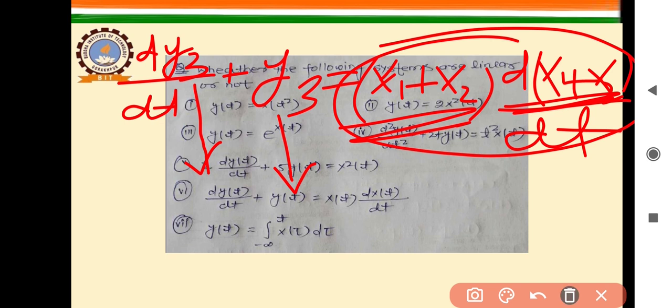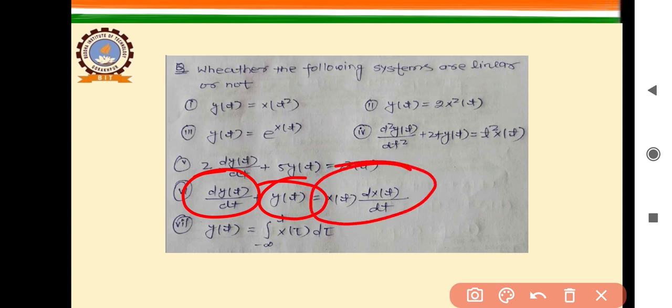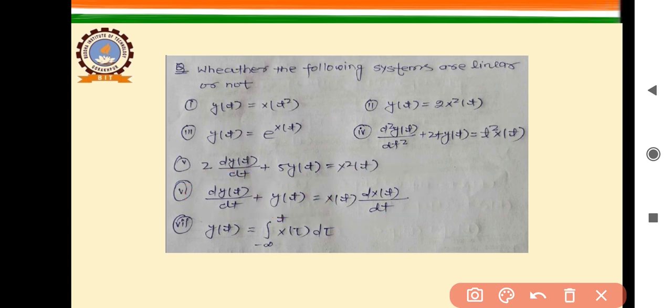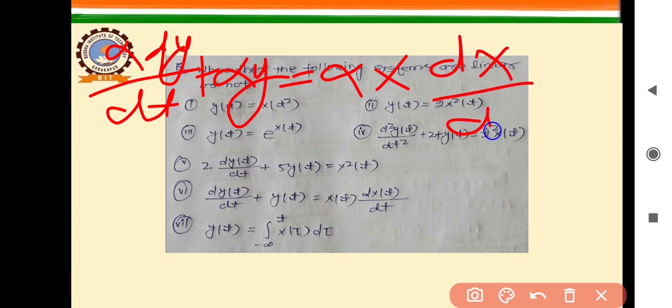But when we test for the law of homogeneity, I will multiply the whole equation by alpha, then we will get alpha into dy by dt plus alpha y is equal to alpha x dx by dt.